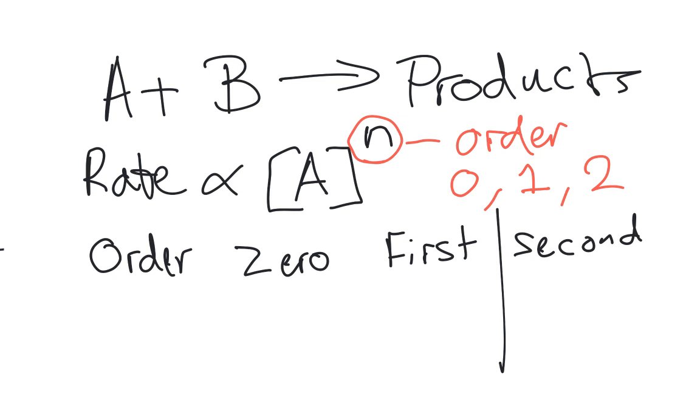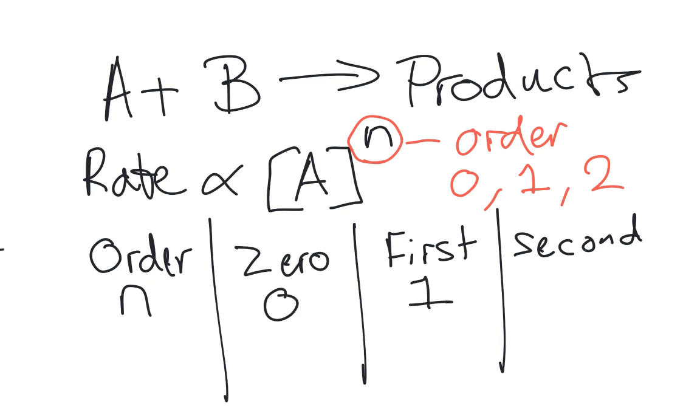Apologies for the terribly drawn table. So the first thing is, what's n for each of these? Well, I've just said it: 0, 1, and 2. And what do each of those things mean? This is where we have to think about the effect.